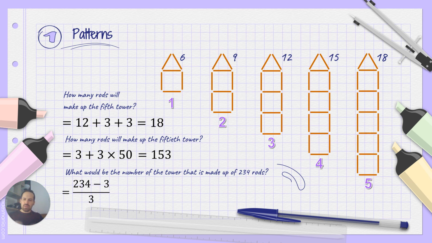So we take away 3, which is making up the triangle at the top. And so we know we're adding 3 each time from there. So that remainder, if we divide that by 3, it will give us the term number, which is 71. So it's the 71st term in this sequence.